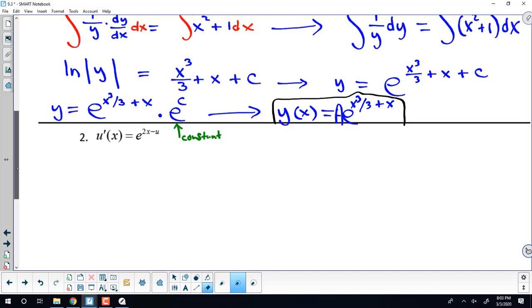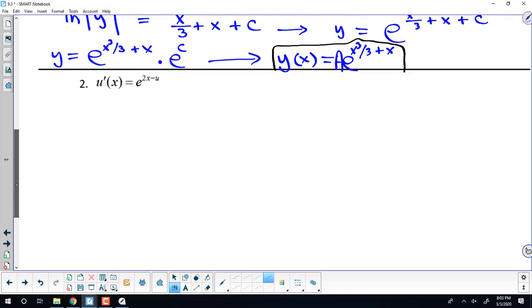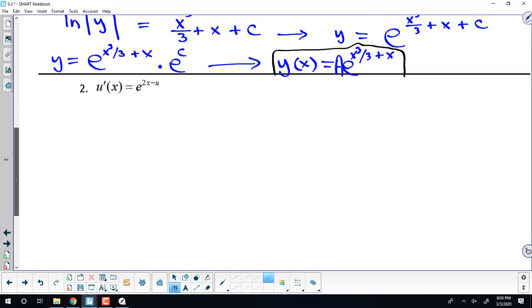Okay, we do have some that have initial conditions on them as well. So we've got example 2, u prime of x is e to the 2x minus u. Whatever we have as u prime here, we want a function of u times u prime before we integrate it.